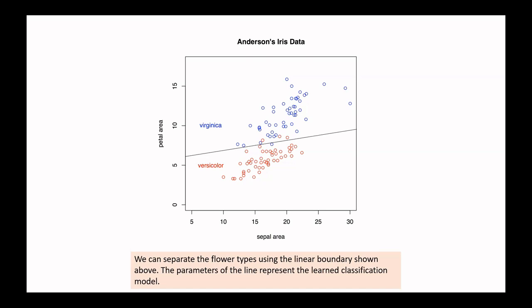So this line is your classification model. And mathematically, you can write the equation of the line, and given an input example, you can figure out through simple geometry or through simple equations whether that point is above the line or below the line, or that point is sitting on the line.